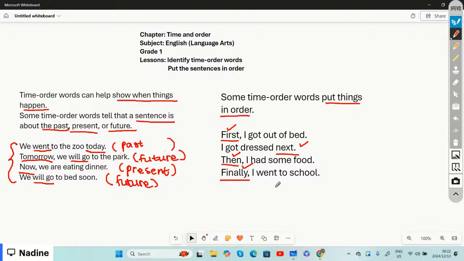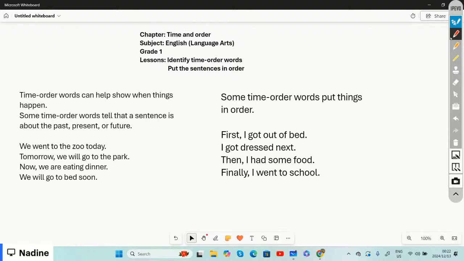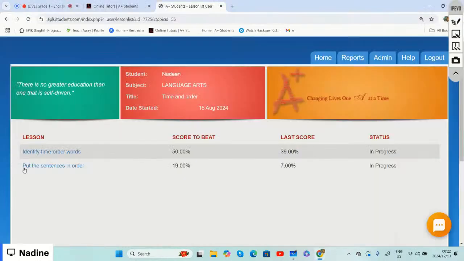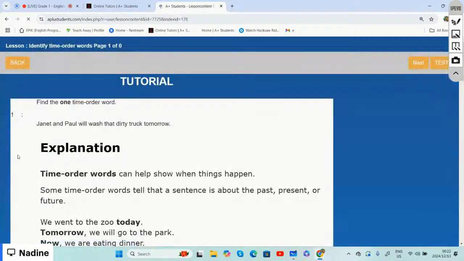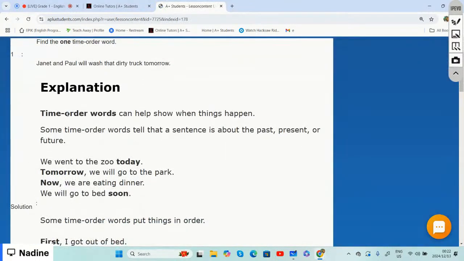All right, so now we're going to aplusstudents.ca, and we're going to identify time order words, and put the sentences in order, and then we're going to do our test. And once again, we said that our time order words can help show when things happen.